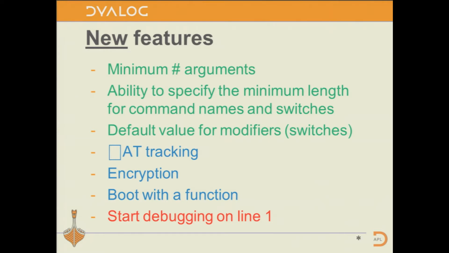That's pretty handy. The problem is that, let's say that your command delete is very dangerous and does something that you don't want to do by accident. You may want to force the user to say, I want you to type delete completely, or DEL, or subset, or whatever. So you can now specify that you want to have a minimum number of letters entered to execute the command.